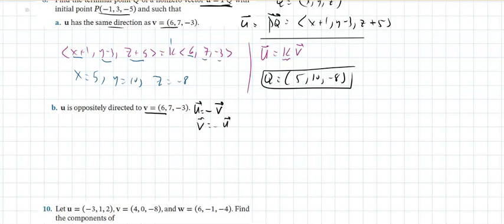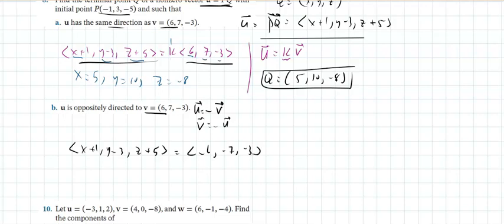It doesn't really matter. So now if I take this vector right here, x plus 1, y minus 3, and again, you could make those negatives if you want, but if I say that this is the opposite of that, negative 6, negative 7, negative 3, then I can figure out that x plus 1 equals negative 6, so x must be negative 7. y minus 3 equals negative 7, add 3 to both sides, then y must be negative 4, and z plus 3 equals 3, so z must be, if you subtract 3, oh, that's a negative 2. Wait, that should be a positive.